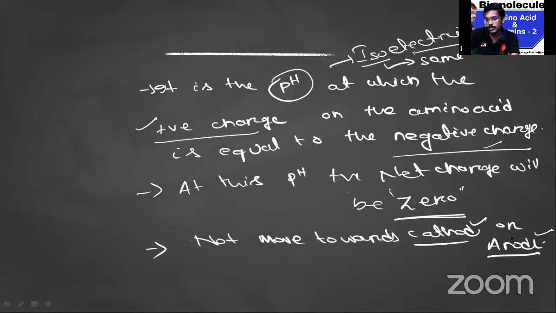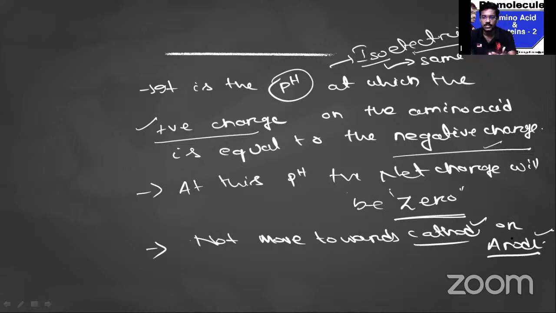If it is a negative charge, then it will move towards the anode. If it is a positive charge, then it will move towards the cathode. So this is the isoelectric point. In biological science, I'm not discussing more about this. In chemistry you can see the isoelectric point of different molecules.